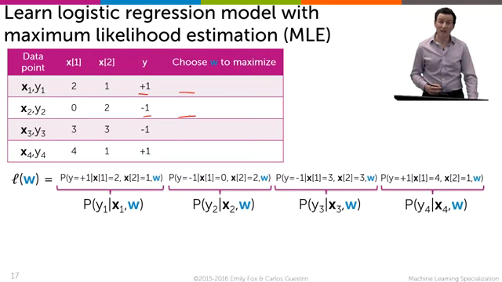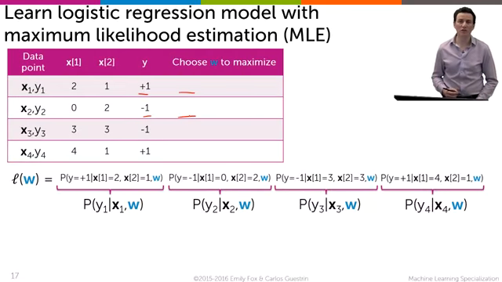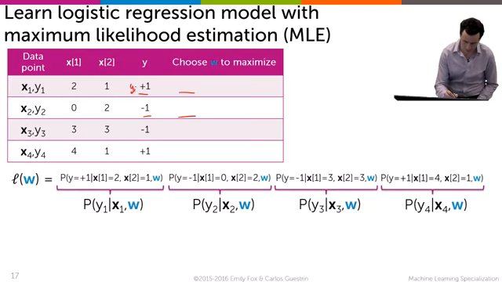We're going to use a shorthand notation here. For the first example, we have that y1 up here was +1, so we denote that by the probability of y1 given x1 and w.